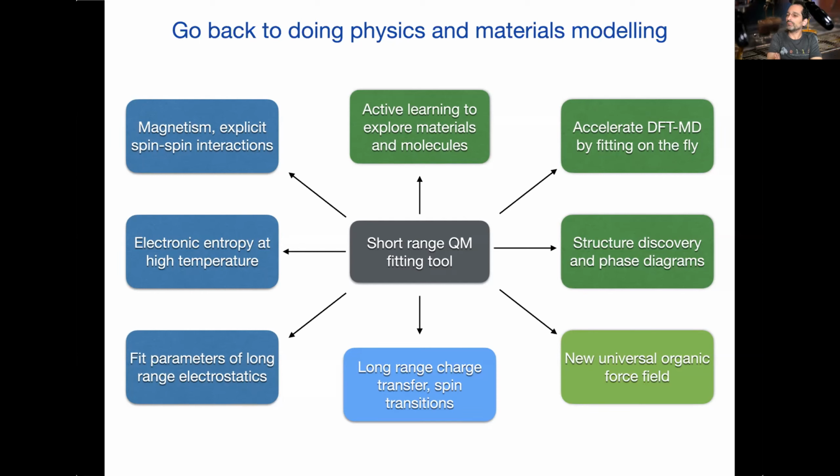But I don't see that in materials modeling. We know what the right basis functions are, and the proof is that we can do linear fitting, and it's just as accurate. And if you look at the benchmarks that are slowly coming out, neural networks always lose by a little bit.